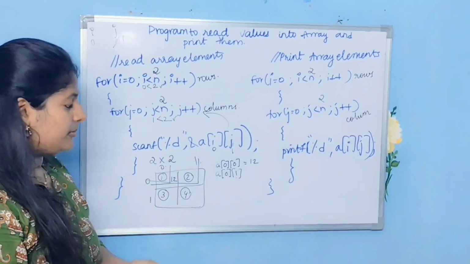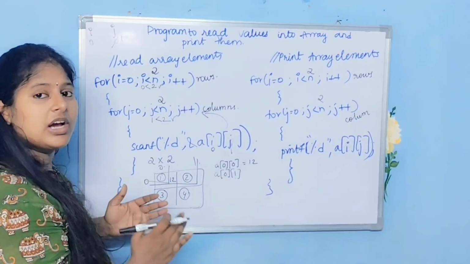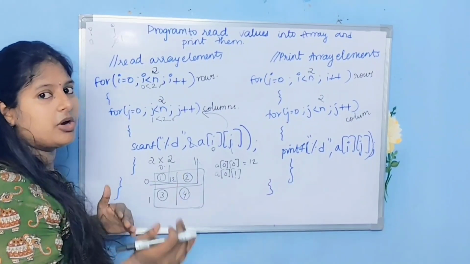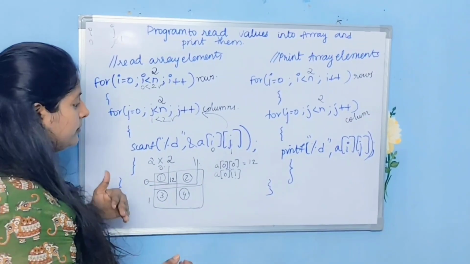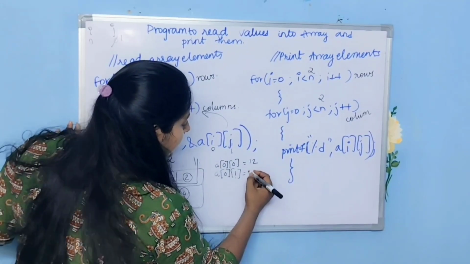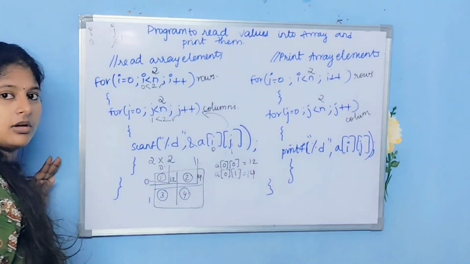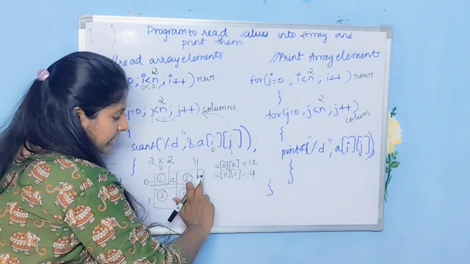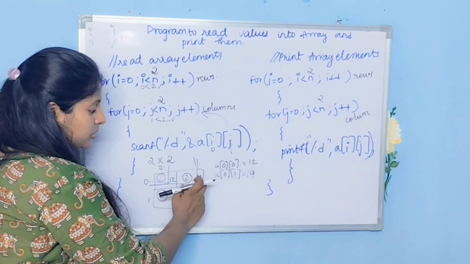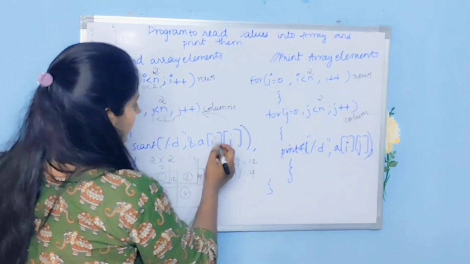Only after completion of my first row will I go to my second row. Now let a of 0,1 be 14. So 14 is stored here. Are there any more elements here? No, so here the condition has to fail. We'll see whether the condition fails or not.